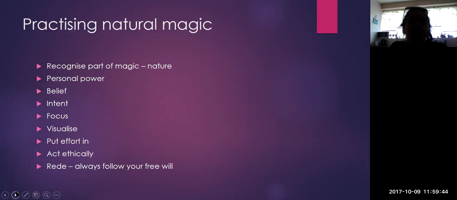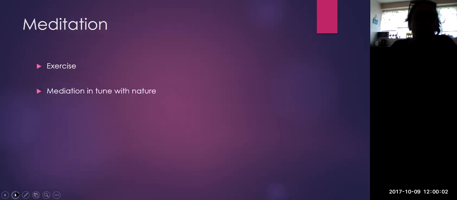Practicing natural magic, we recognise that part of magic is natural. Personal power, always have the correct intention, belief. Visualising images is very important, and put effort in. Please do act ethically as per the professional ethics as advised. The rede, always follow your free will. I will send a link to the rede in a minute.